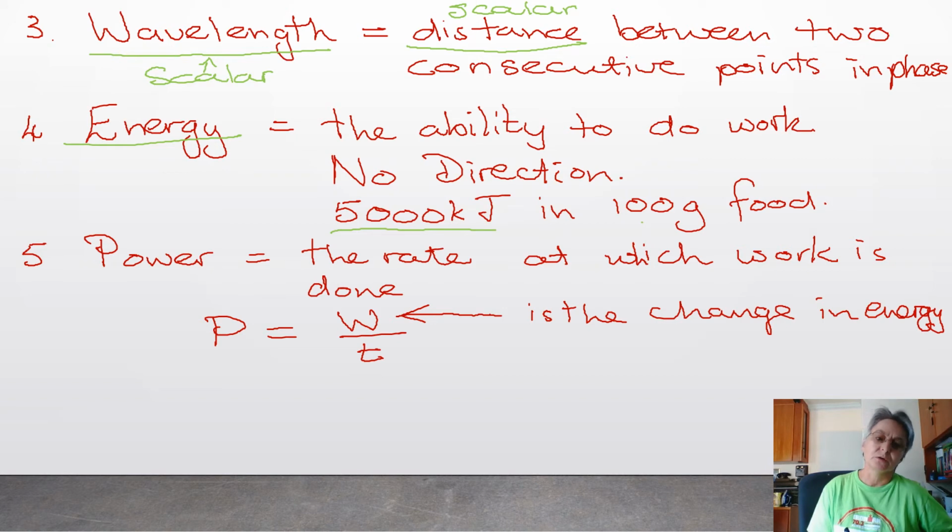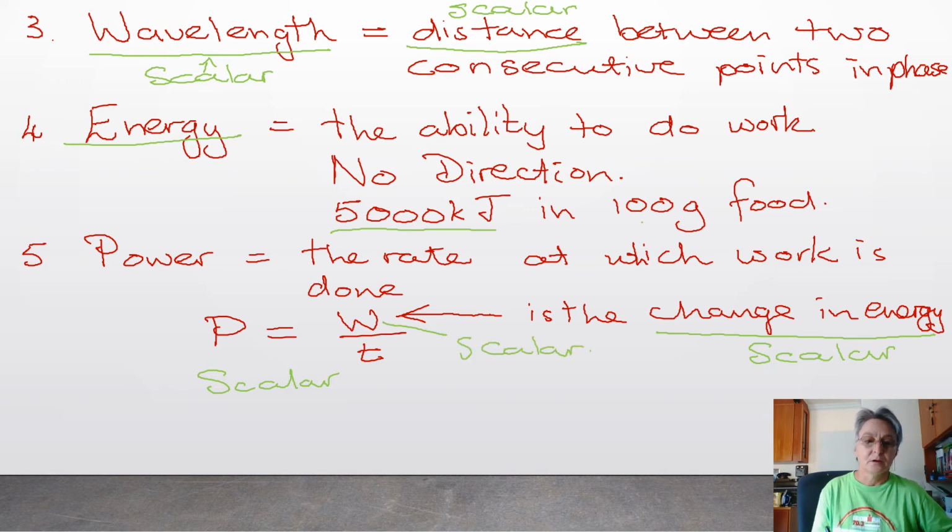So there is no direction to power. So power is a scalar because there is no direction to it. The change in energy is a scalar. So work is also a scalar. Right, there's no direction connected to it.